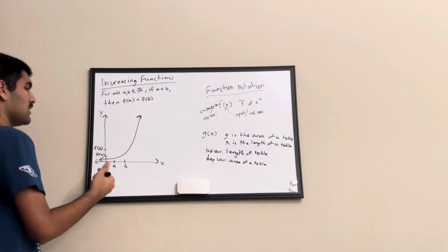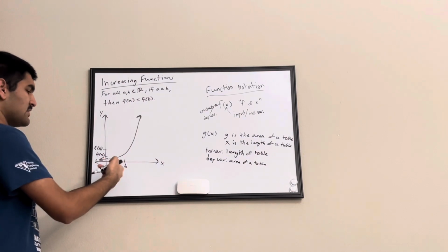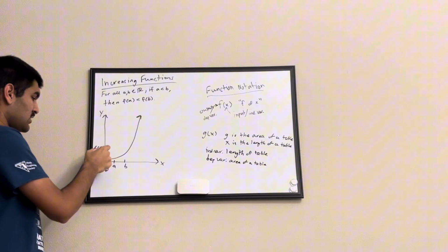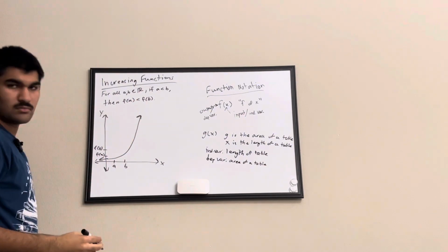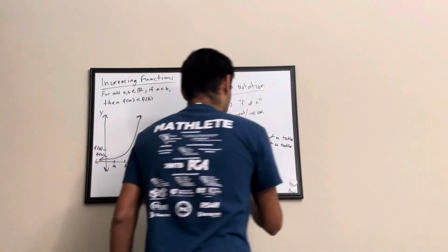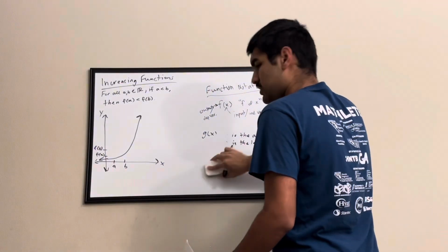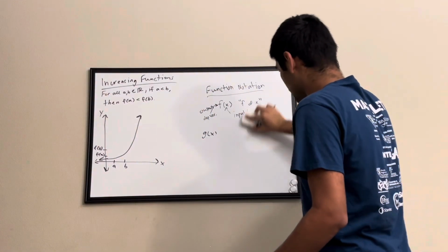Now we can see that if a is less than b, for it to be an increasing function, f of a has to be less than f of b. So this function would be increasing.